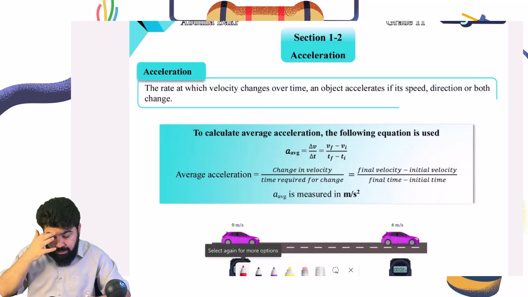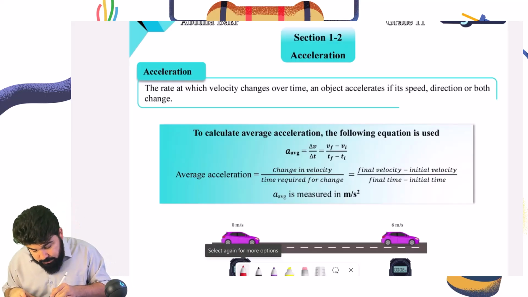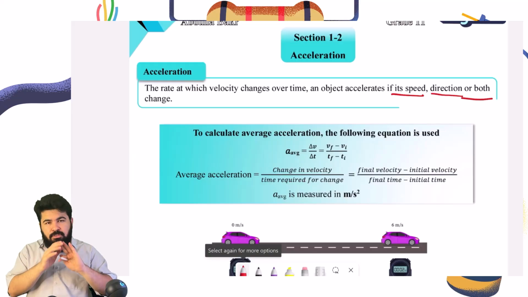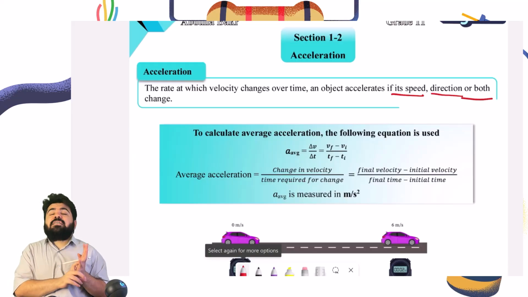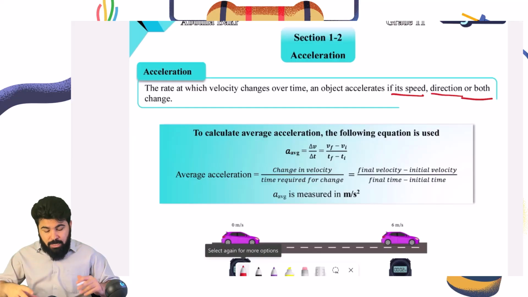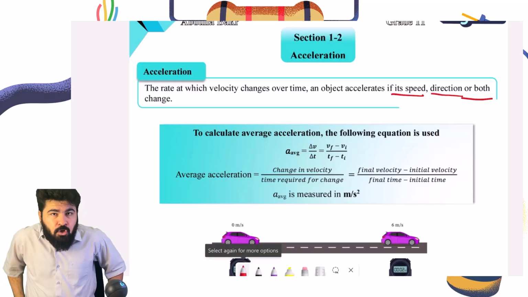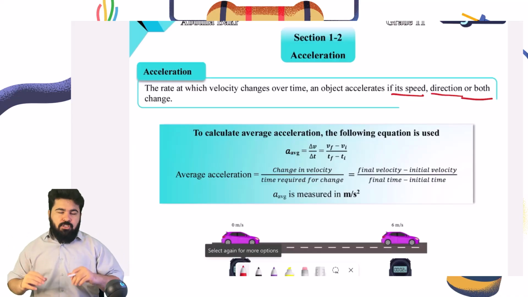We already learned that. This is really important: an object accelerates if its speed, direction, or both change. So you learned that acceleration happens if its velocity changes, or its speed changes, or both change. Acceleration happens only when velocity is changing or the direction is changing.